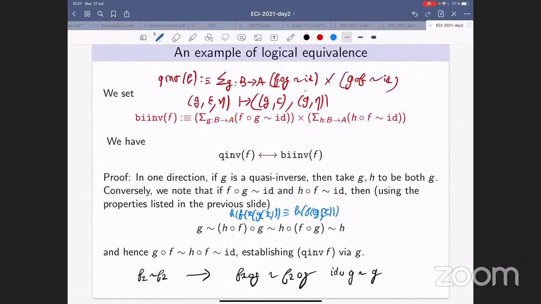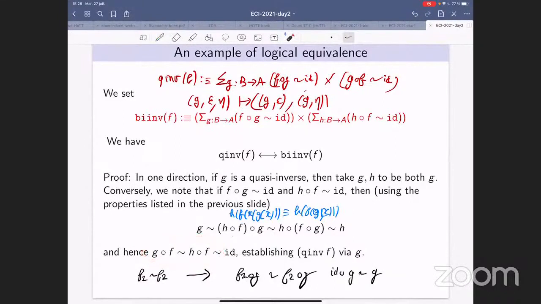So I started from G. I write here, I applied associativity, and then again I apply the other information that F composed with G is the identity. Hence, I have a proof that G is homotopic to H. But from the information that I had H composed with F homotopic to the identity, from the information that G is homotopic to the identity, again by congruence, I have this.